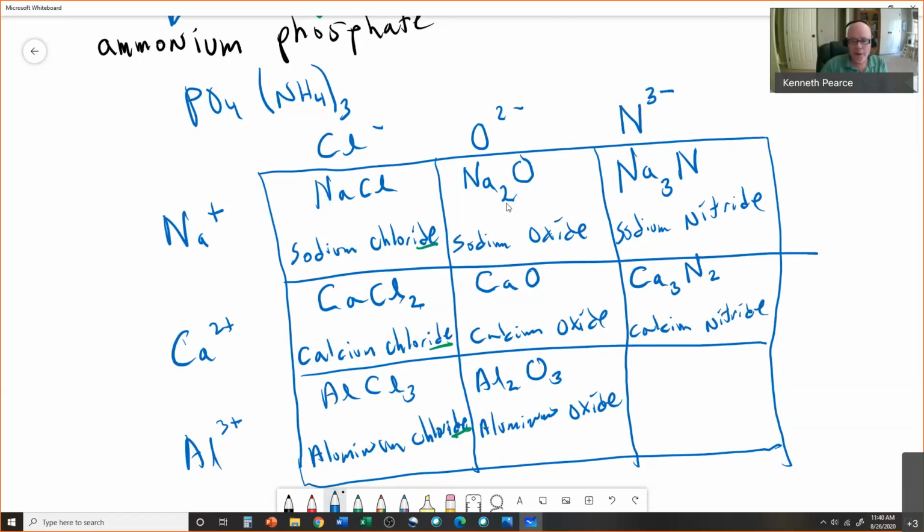And then finally, we have the 3+ on the aluminum is equal to the 3- on the nitrogen. They add up to 0. So we have just aluminum with a nitrogen on it, and that becomes aluminum nitride. Okay, and in all cases, we are taking our anion part, and since it's just the atom, we're going to have an "ide" on the end.